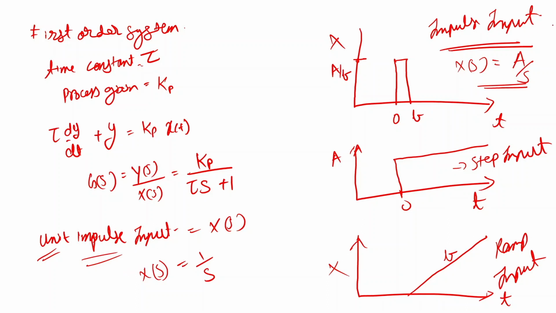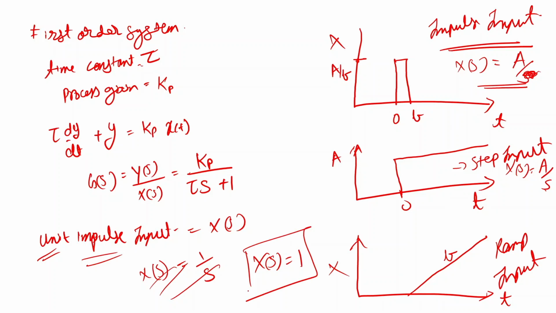So in this case of the unit impulse input, the input transfer function, that is X(s), will be 1.